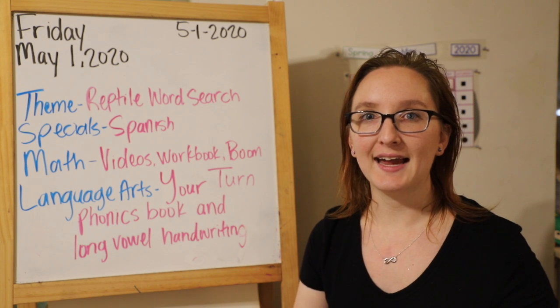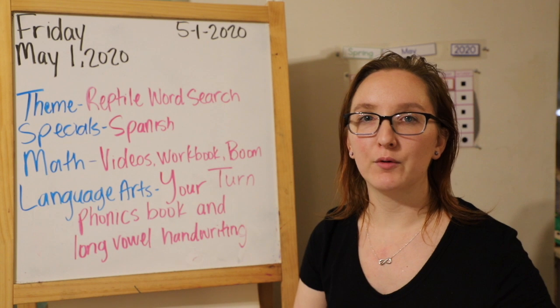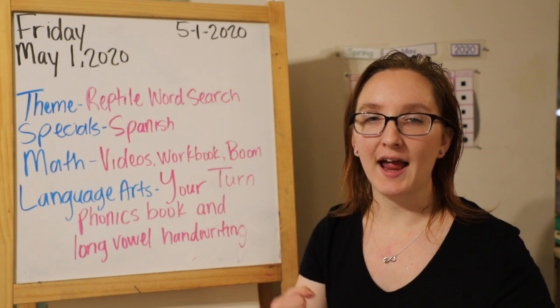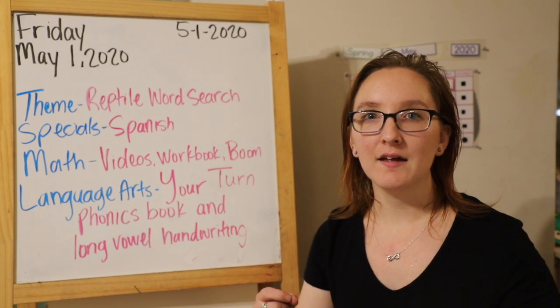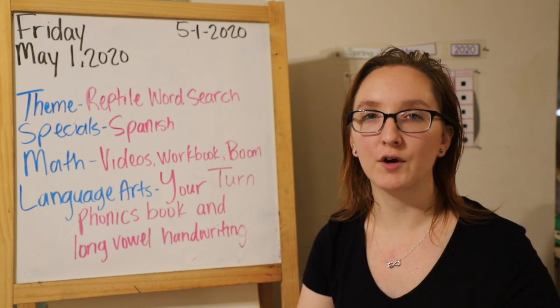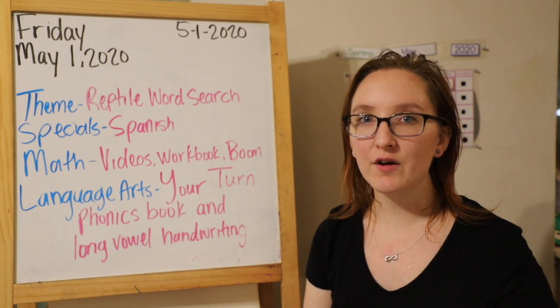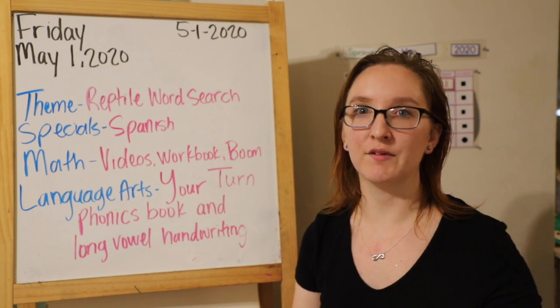Our vowels are A, E, I, O, and U. The short vowels will be A for apple, E for egg, I for itch, O for octopus, and U for umbrella.